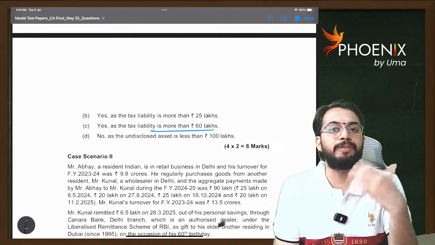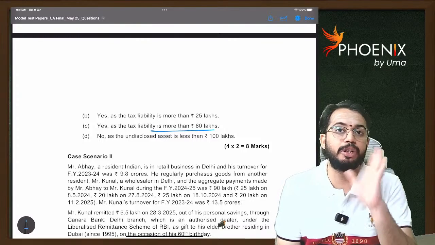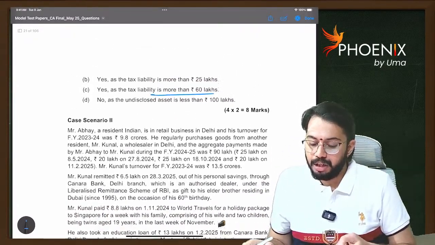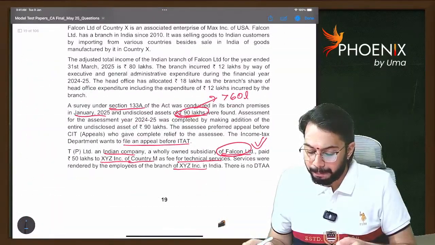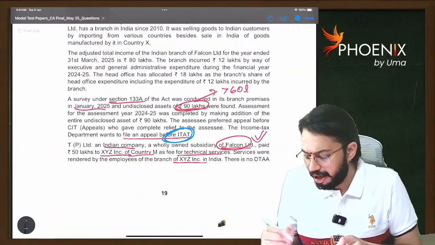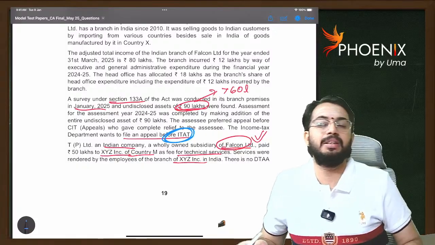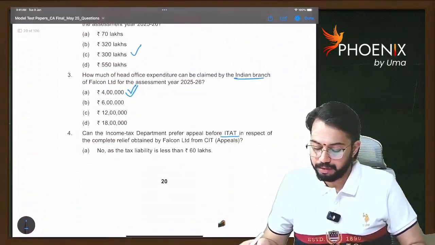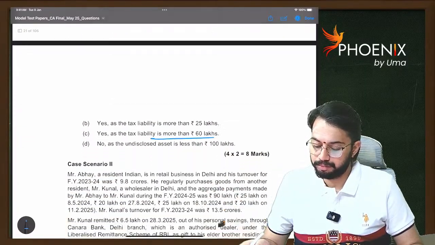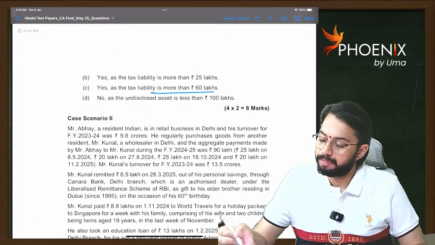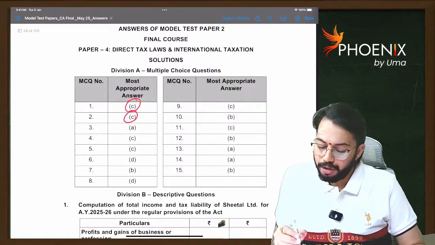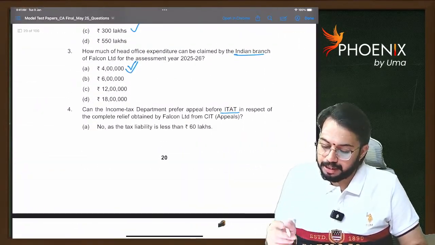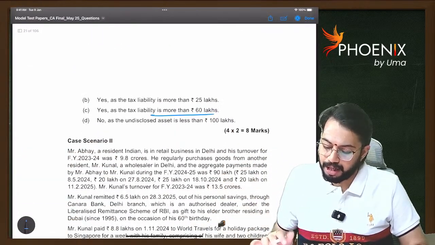For Supreme Court, more than 5 crores. Okay. So here department wants to file appeal before ITAT. For ITAT, what is the limit? The tax liability should be more than 60 lakhs, correct? So 3 is A, 4 is C. Yes, 3 answer is correct, A, 4 answer is correct.